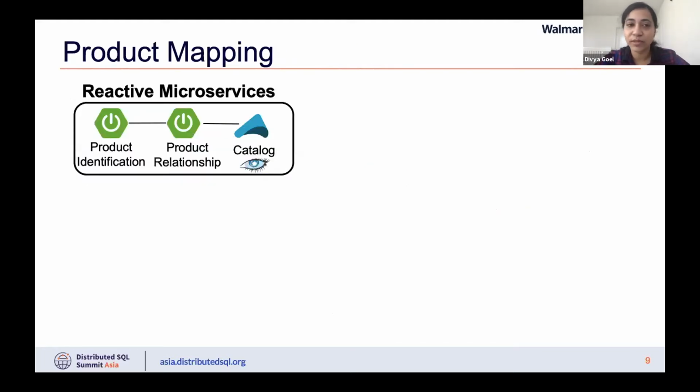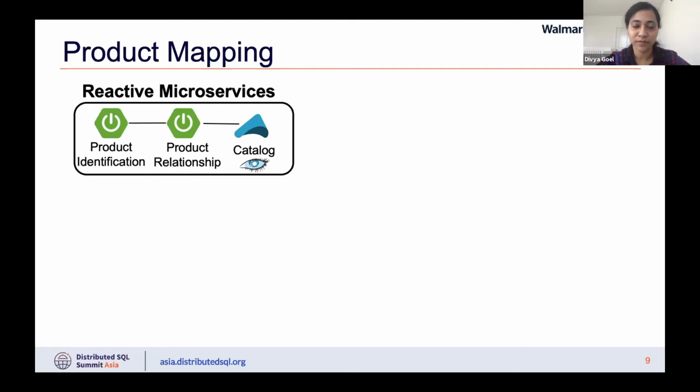So now I want to dig a little deeper into our architecture. In the product setup, we have various different microservices using a reactive framework, with different technologies, some using Spring Boot and some Akka Stream, and using different databases.